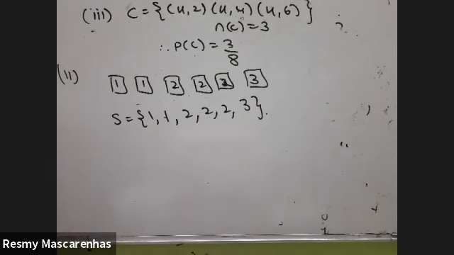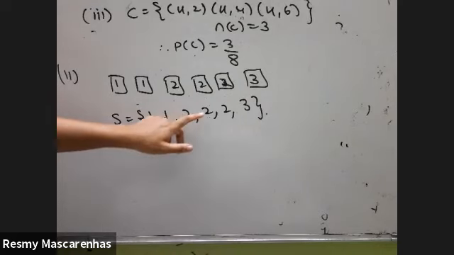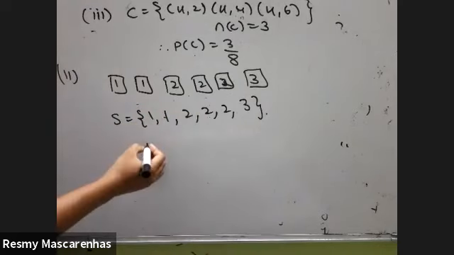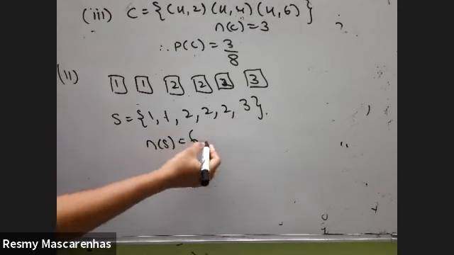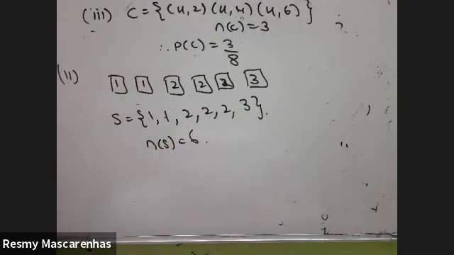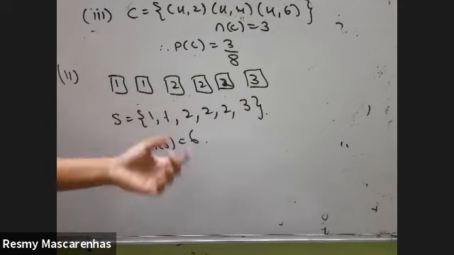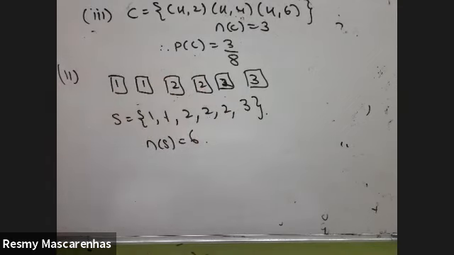You can count all. So instead of 4, 5 and 6, what will it be now? It could be 2 or this. The number of elements in the sample space would be 6. There will be no 4, 5 and 6 here because those have been replaced by other numbers.